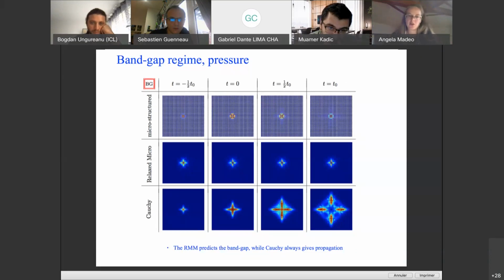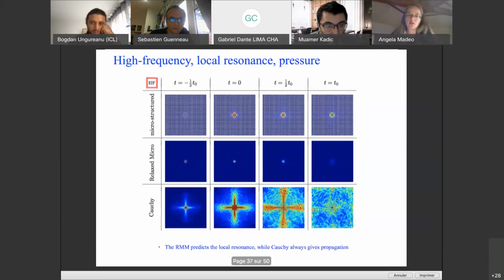So no way to use Cauchy for metamaterials. And at higher frequencies than the bandgap, namely where we had a flat curve, a local resonance, even more evidently Cauchy doesn't work.